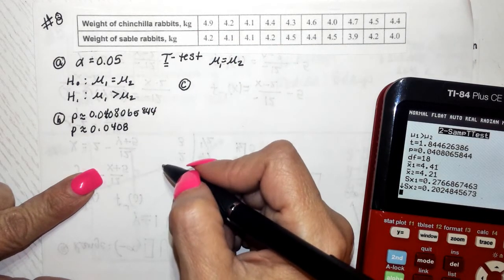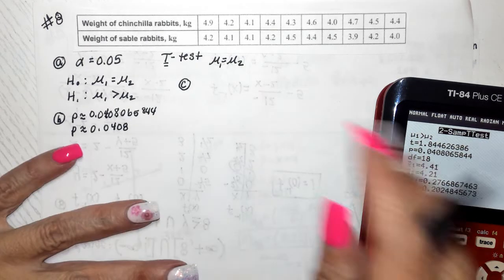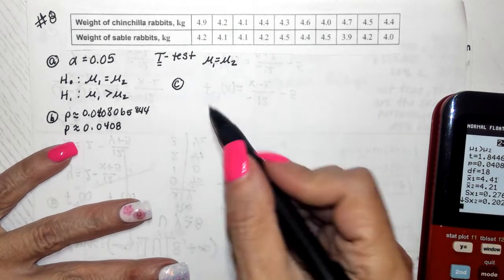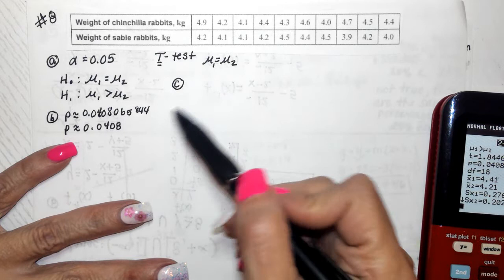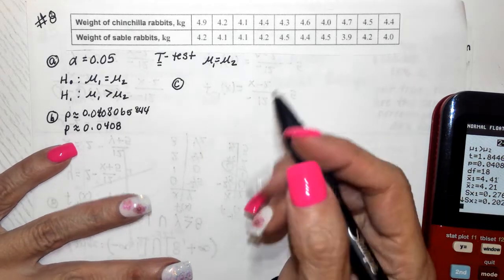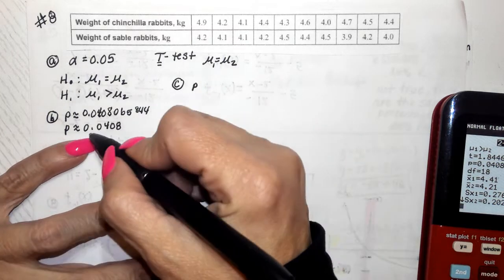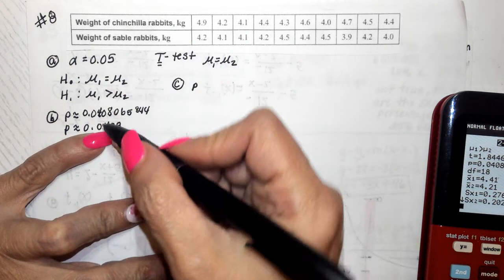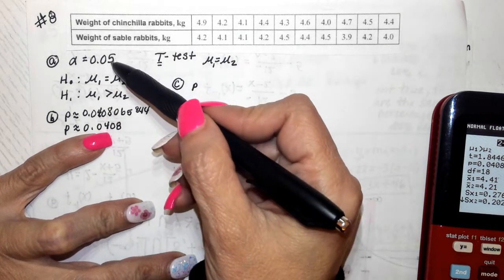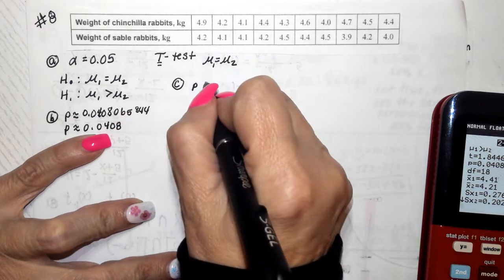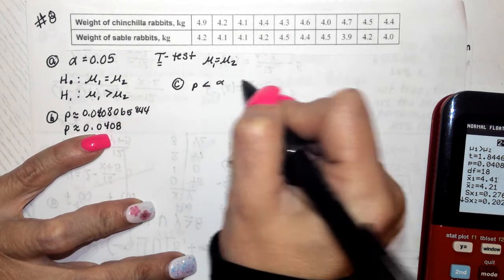Then the next thing I'm going to do is go back up to C. C says write down the conclusion of the test. So now I need to see p, 0.04. Okay, so this is smaller than this, correct? So p is less than alpha, right?